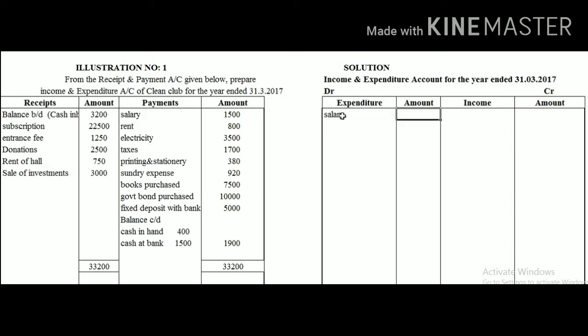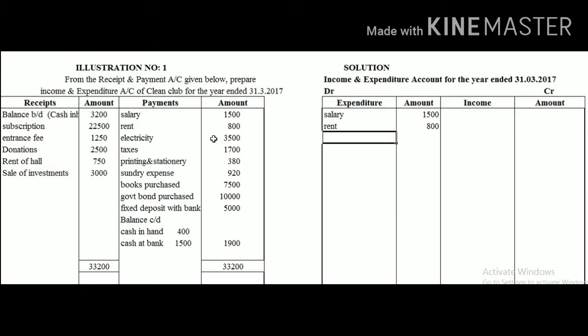So the first item is salary. What is the amount of salary? The salary is 1,500. And the next item is rent paid. The rent is also revenue payment or revenue expenditure. So the next item is rent, and the amount of rent is 800. And the next item is electricity paid.